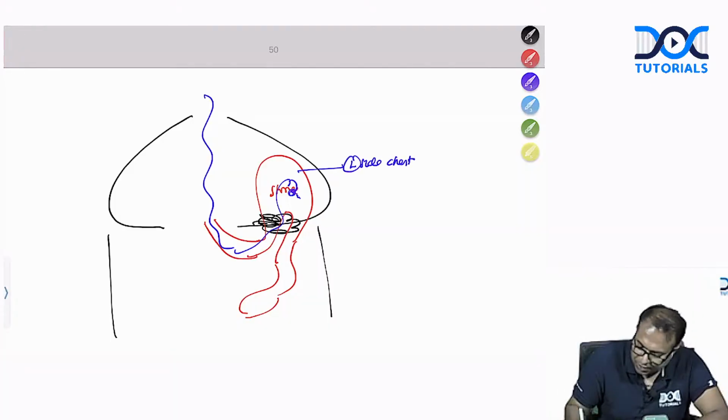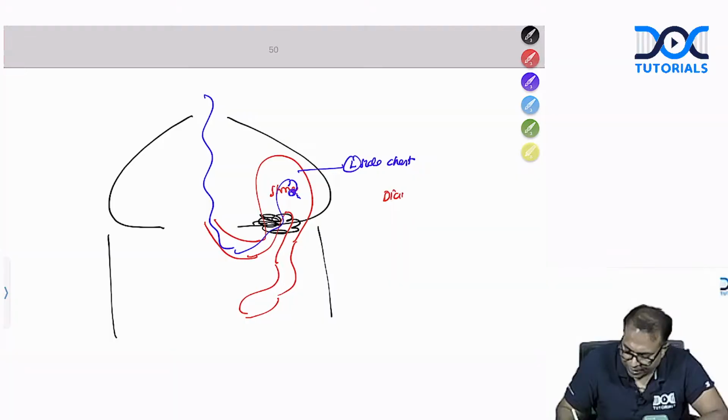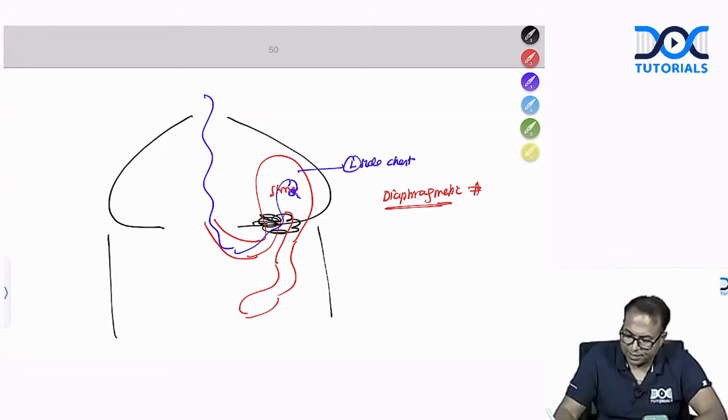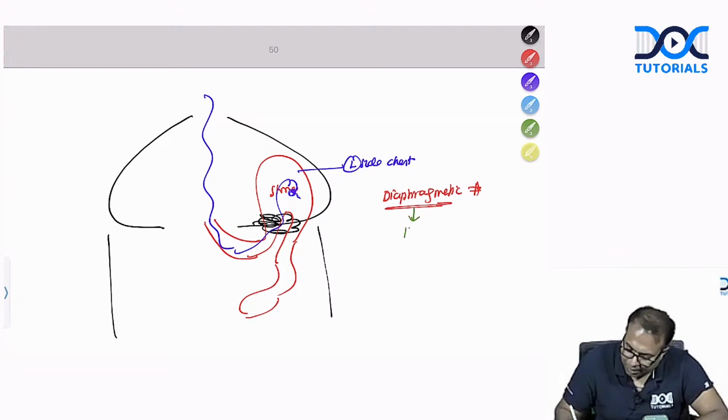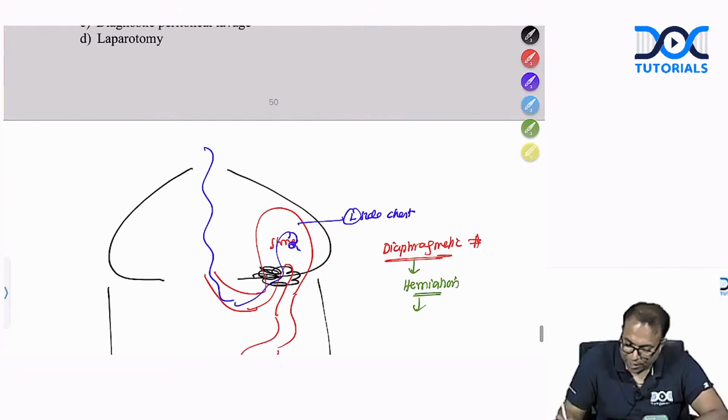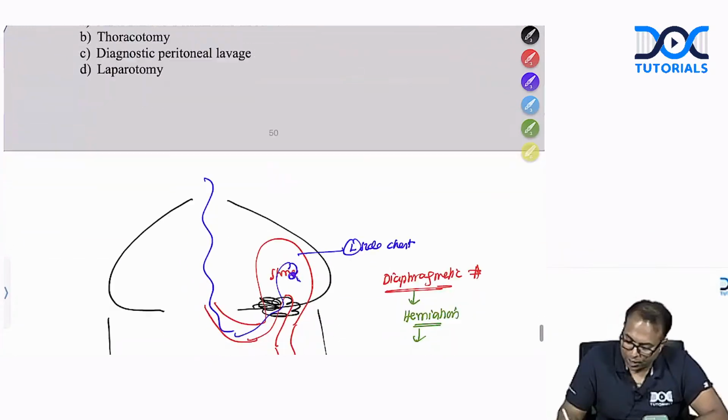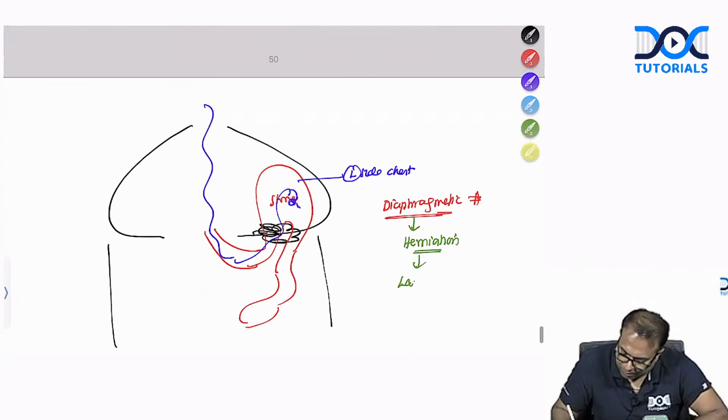So this is a case of diaphragmatic injury or diaphragmatic rupture with herniation of the stomach into the thoracic cavity. So what should I do for this case? I should now go for laparotomy or laparoscopic repair.